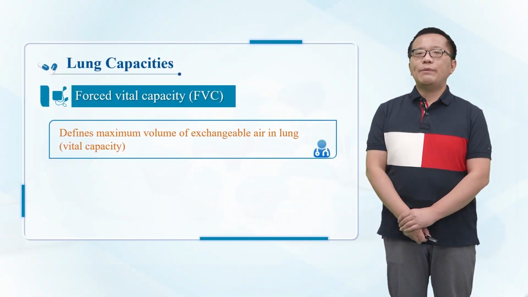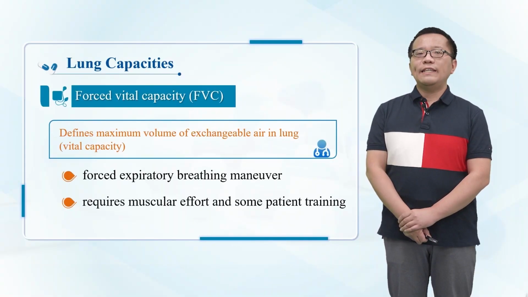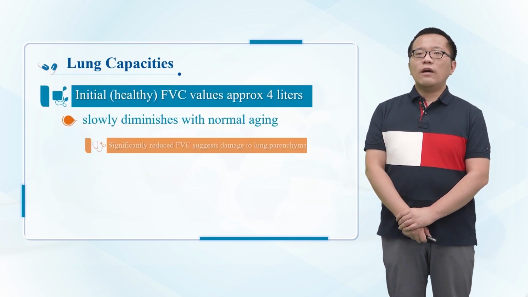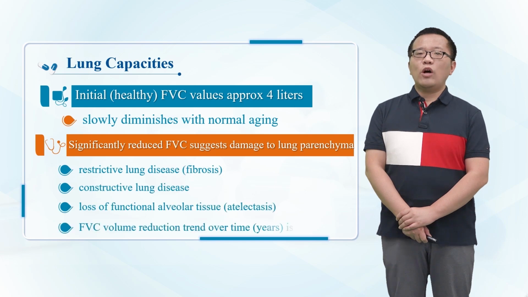Forced vital capacity (FVC). It is defined as the maximum volume of exchangeable air in the lung. FVC is a forced expiratory breath maneuver that requires muscular effort, and some patients could be trained. Initial or healthy FVC values are approximately 4 liters, and it slowly diminishes with normal aging.